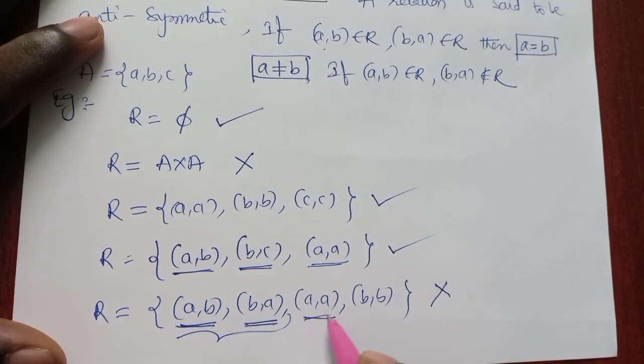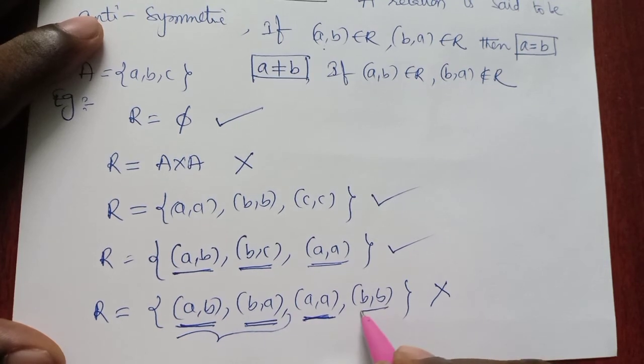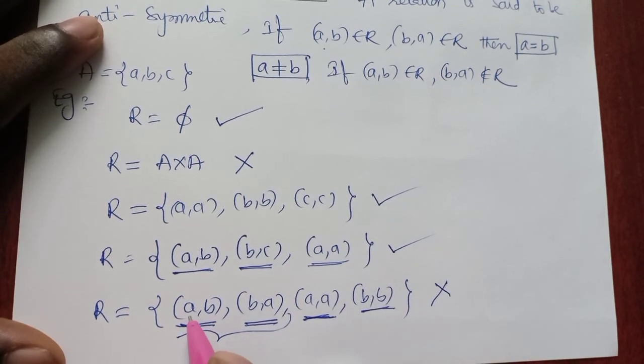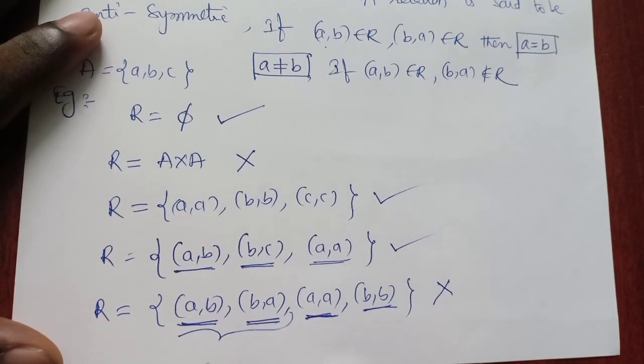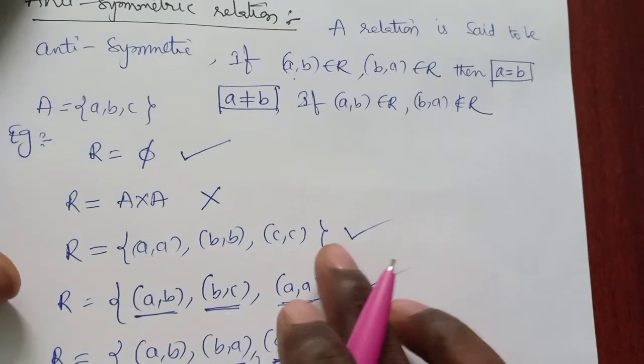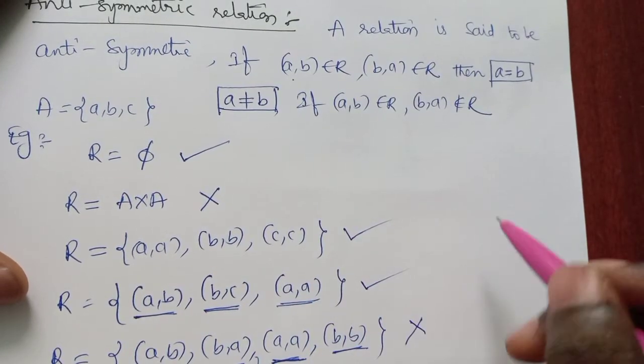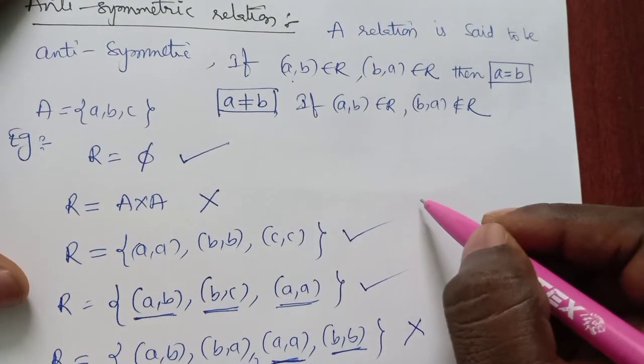No problem with (A, A) and (B, B), since A equal to A and B equal to B, but (A, B) and (B, A) are different values, so we never should have both. That's why it is not said to be an antisymmetric relation. Clearly, antisymmetric is against symmetry.